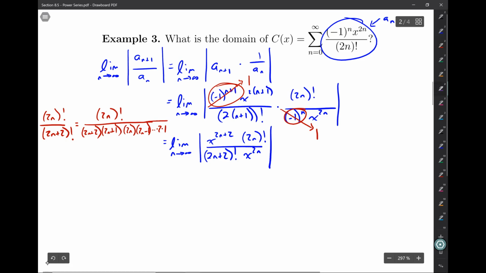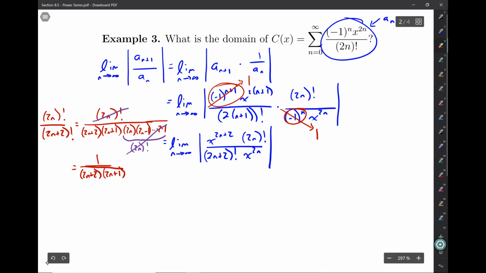But look, 2n times 2n minus 1, all the way down to 2 times 1, that's 2n factorial. So we can see this 2n factorial is the same as this 2n factorial in the numerator, and we get these cancellations, so all that would be left is just a 2n plus 2 in the denominator multiplied by a 2n plus 1.